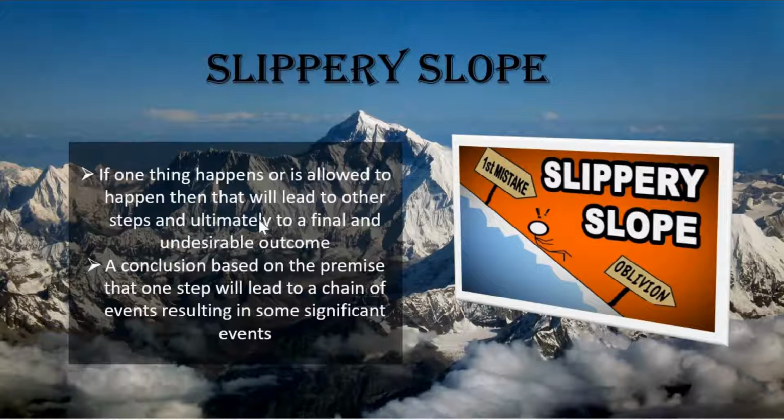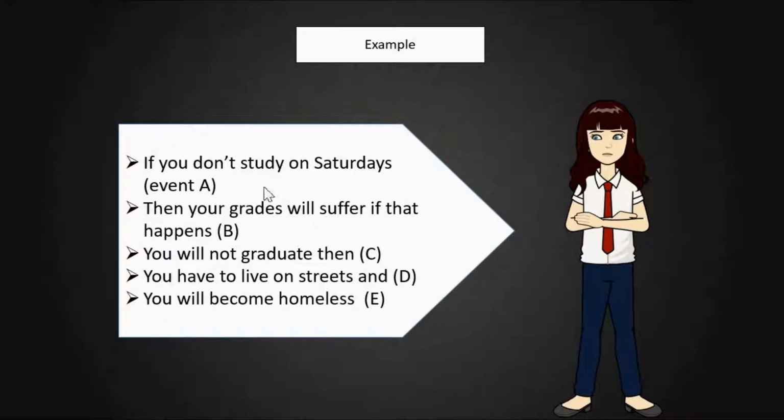Now let me give you another example. Suppose your teacher is saying to you that if you don't study on Saturday, which he is assuming and letting event A happen, then your grade will suffer. If that happens, you will not graduate. Then you will have to live on the street and you will become homeless.